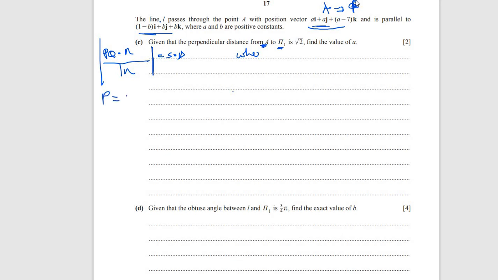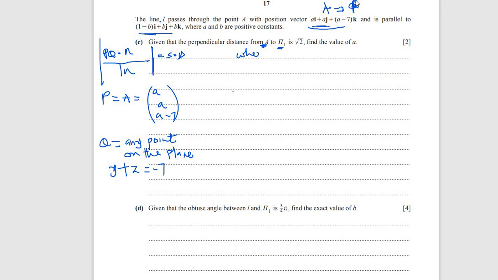In this case, P is point A, which is (A, A minus 7). What's our Q? Q is any point on the plane, and the plane is y plus z equals minus 7, plane 1.